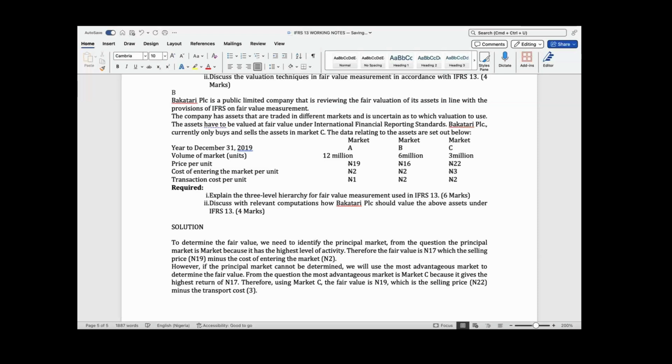With this one, you get your 4 marks. Easy. And ideally, this should not even take you 5 or 6 minutes to answer. Any question on this one?